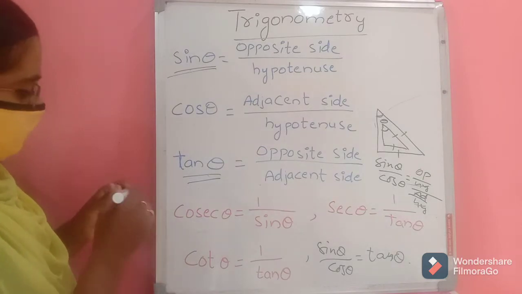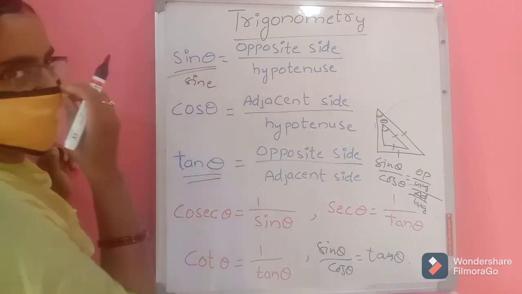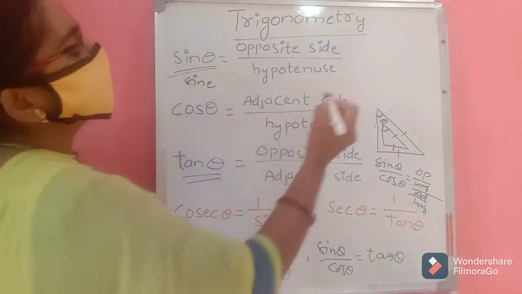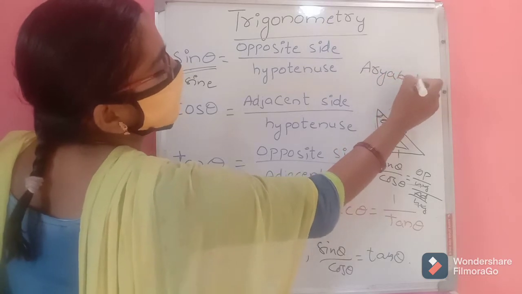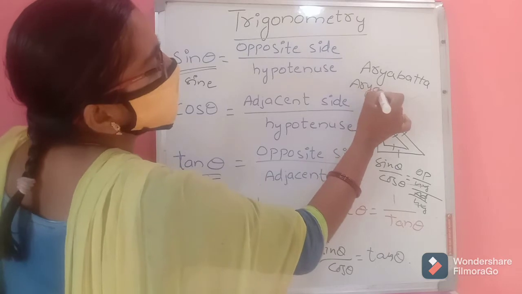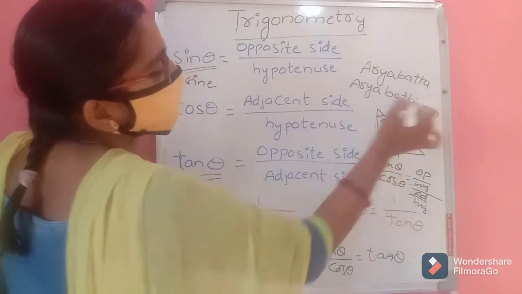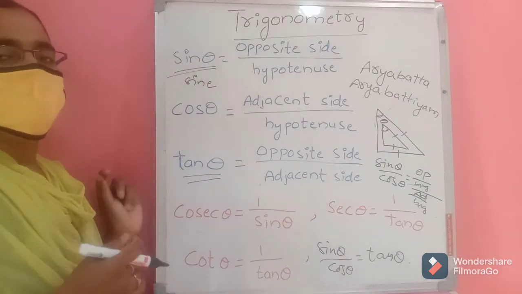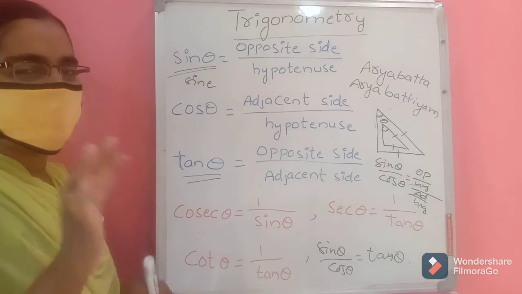Next, sine. This word was first used by the scientist Aryabhatta in his book Aryabhattiyam. In his book, he used it as Ardha Ja.